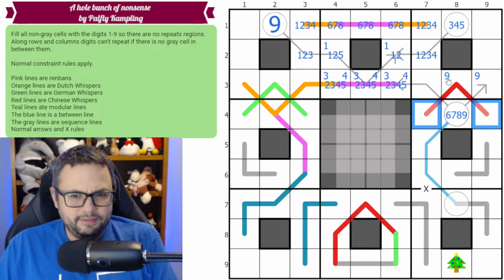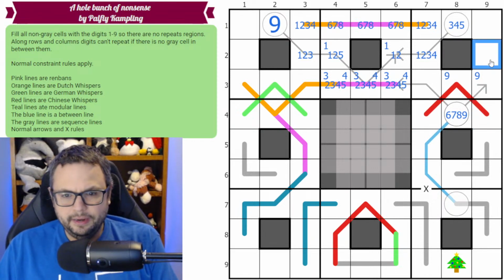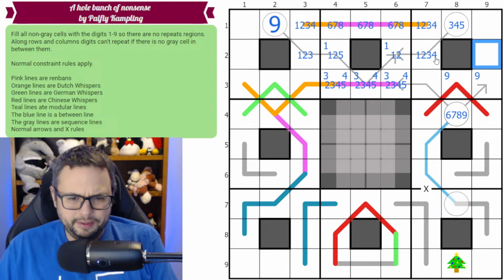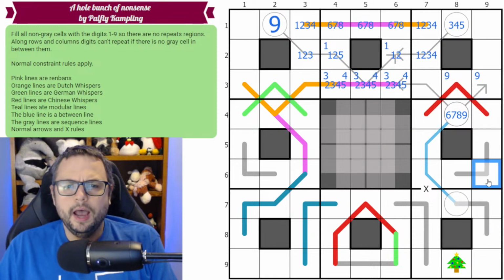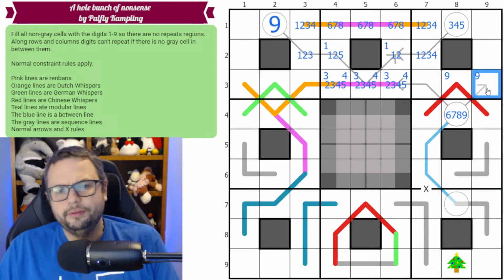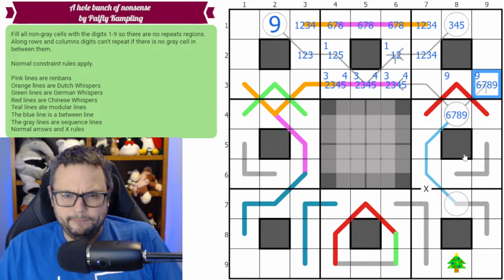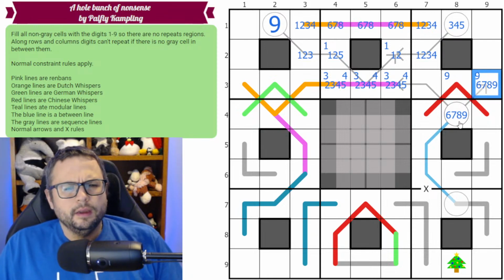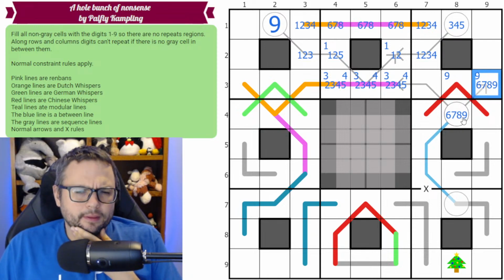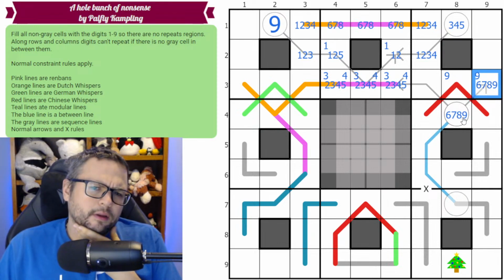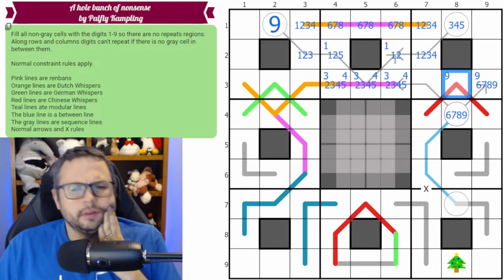It is a very retraction-heavy day, but that is to be expected out of Sortadoku Day. Chinese whispers. So we've got that. So this is from 6, 7, 8, 9, I guess is the point. Let's see.